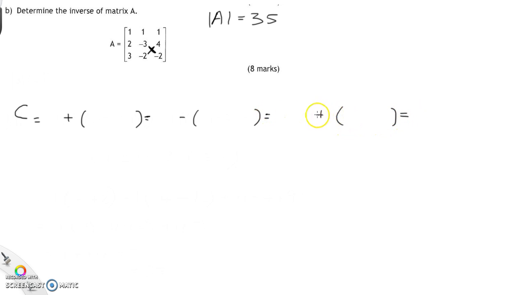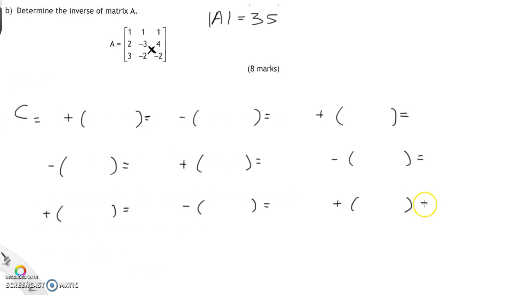And for the second row then, that was a minus, so the next one, that was a plus, so the next one's going to be a minus. We're going to have a plus and a minus. So for the last row we'll have a plus, minus times whatever happens in there, and a plus whatever happens in here.